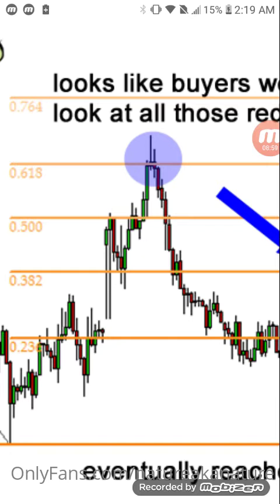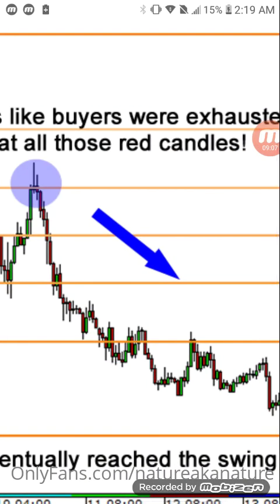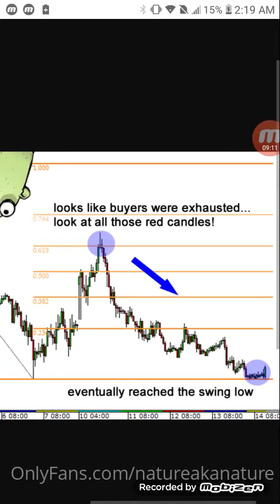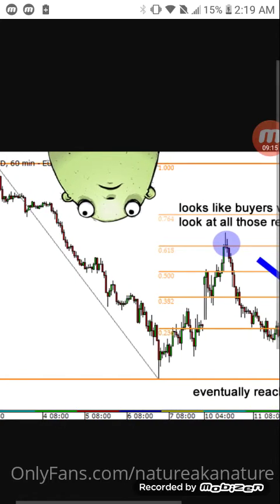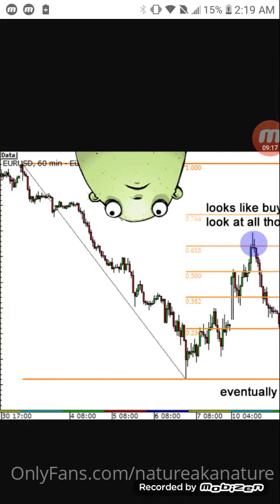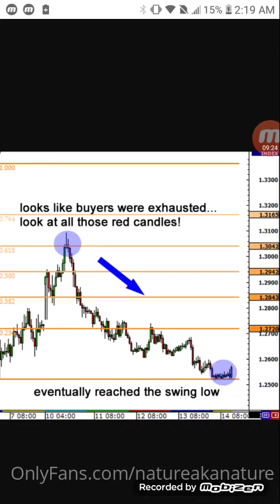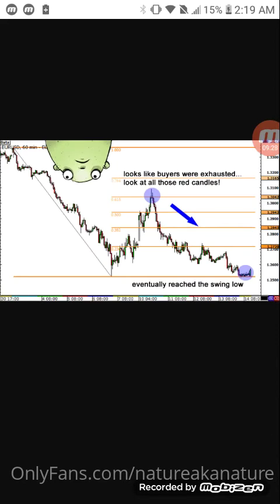So if you would have got in right after price made this exhausted candle, you would have got in for a very, very good profit, because price eventually went all the way from 61.8 back to the swing low, the swing low from the prior downtrend.